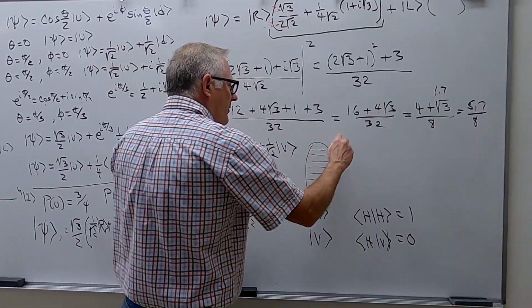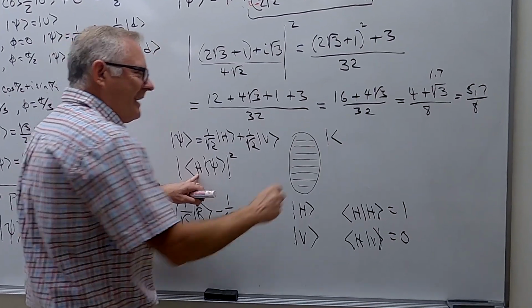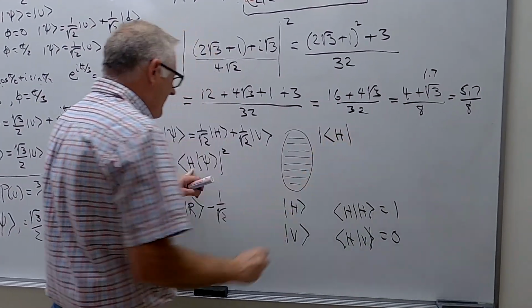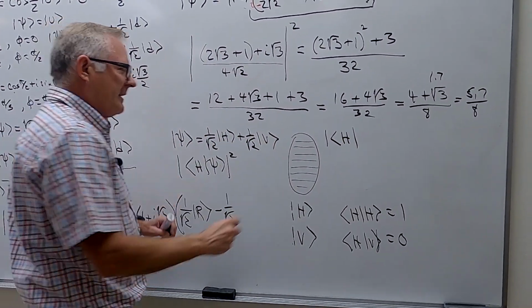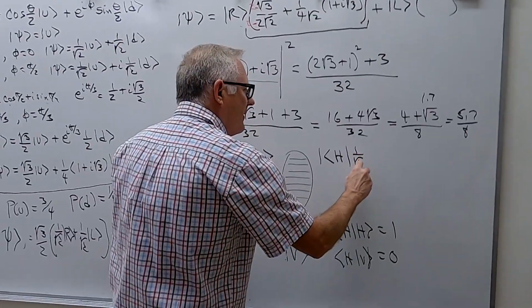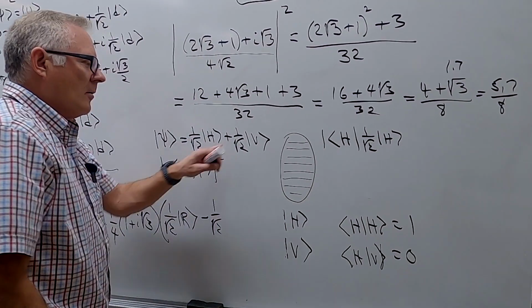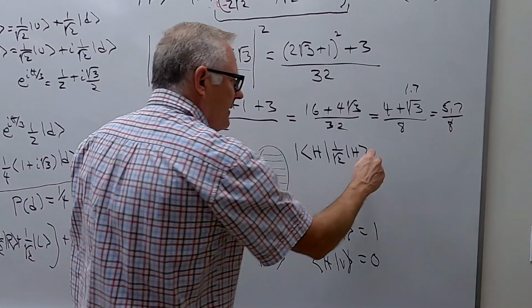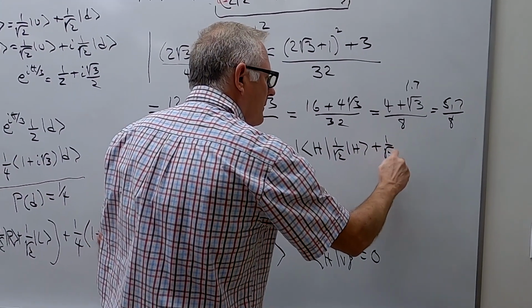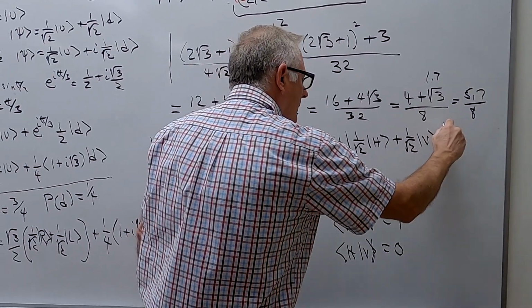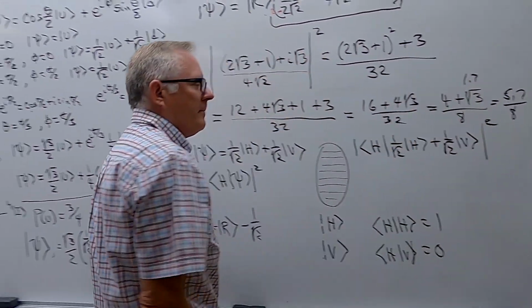So here I got <H|, and then we've got all of this. That's my psi, 1 over the square root of 2 H plus 1 over the square root of 2 V. And then we want to square it.